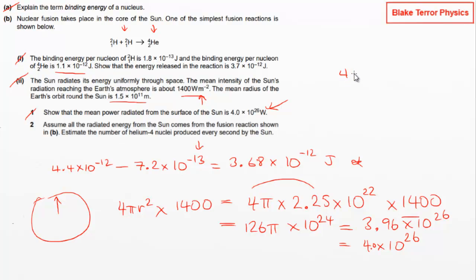So let's go back to the 3.96 over 3.68, multiplied by 10 to the 38. That's quite a lot. Let's type that in. It's going to be a little more than 1, so 1.1 times 10 to the 38.